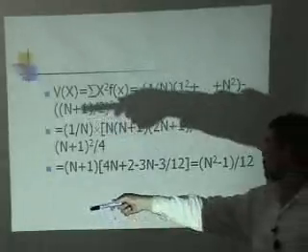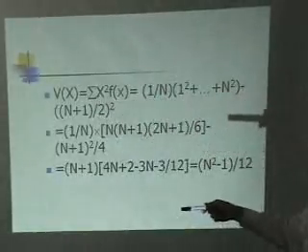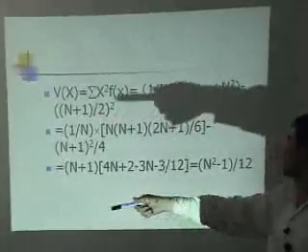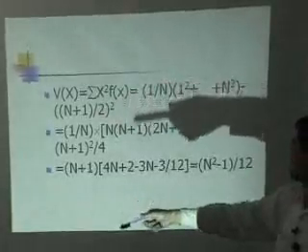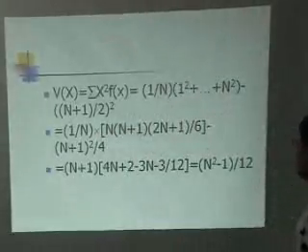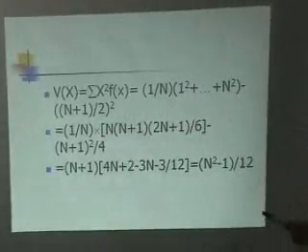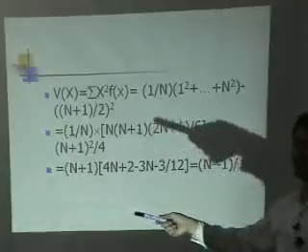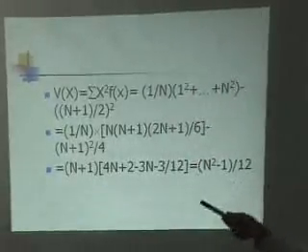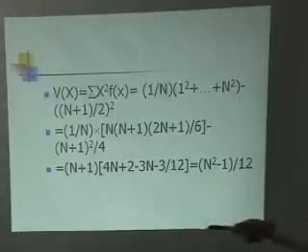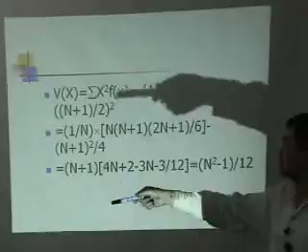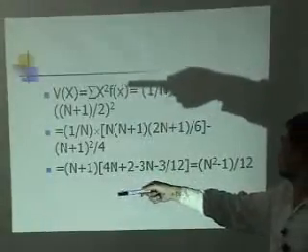And here you have 1 over n minus, because here you have n plus 1 divided by 2 to the power of 2, so you have n plus 1 squared divided by 4. And for these two terms, I'll give you 10 seconds to take it down. Make sure that you put minus mu x squared here. There is a term missing.